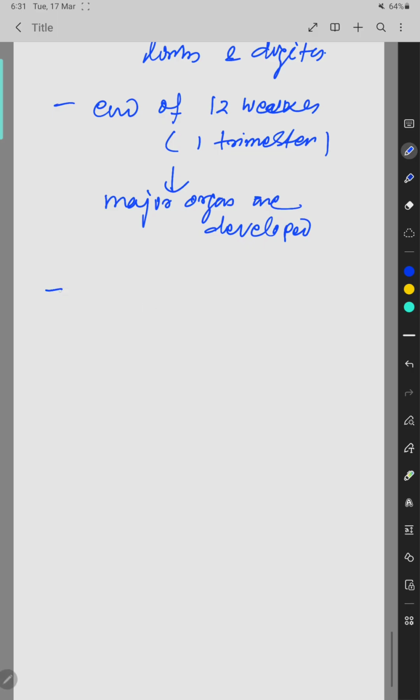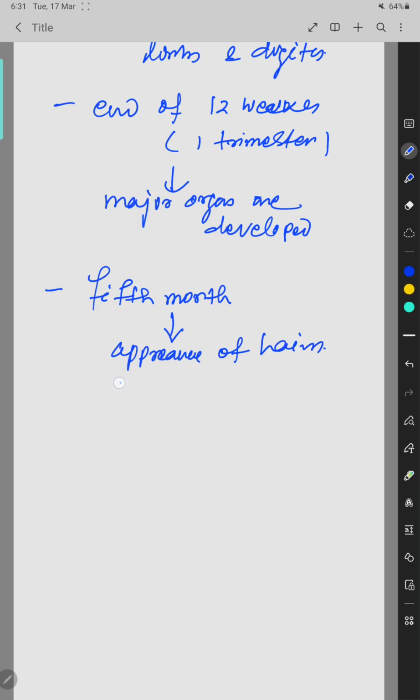Okay, now next fifth month, जो आपके बुक में हो वही मैं बोल रही हूँ, कोई एक्स्ट्रा नहीं बोल रही हूँ. फिफ्थ मंथ में आपका क्या होता है? Appearance of hairs on head.